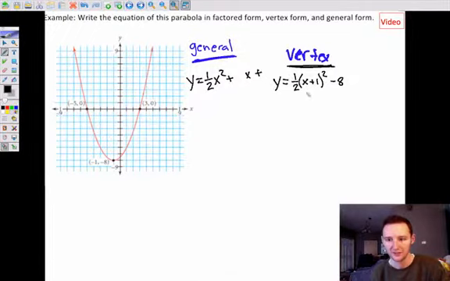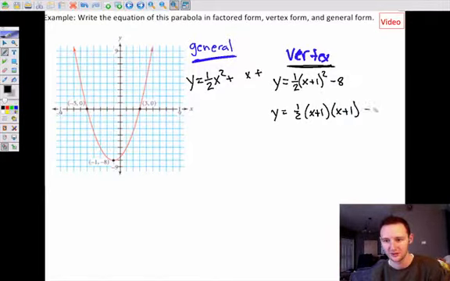So take vertex form, y equals 1/2 x plus 1 squared, which means times itself, minus 8. We know how to do this, x plus 1, x plus 1. That goes back to FOIL, first, outside, inside, last. So what this is really going to end up being is 1/2 times x squared plus 2x plus 1, minus 8.